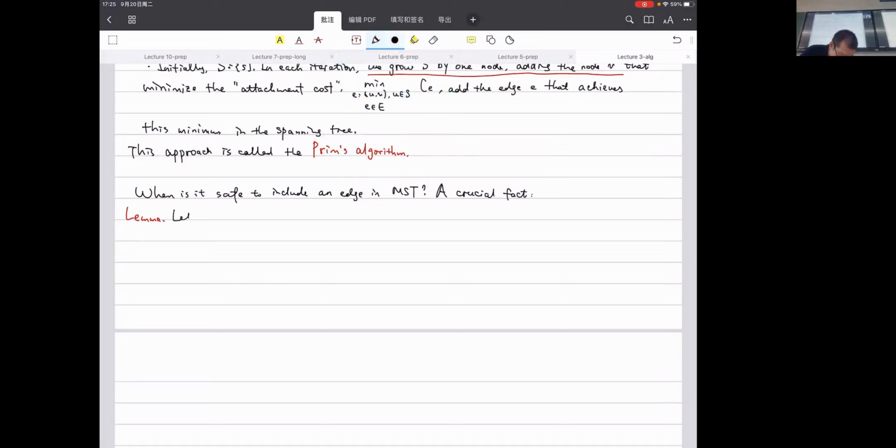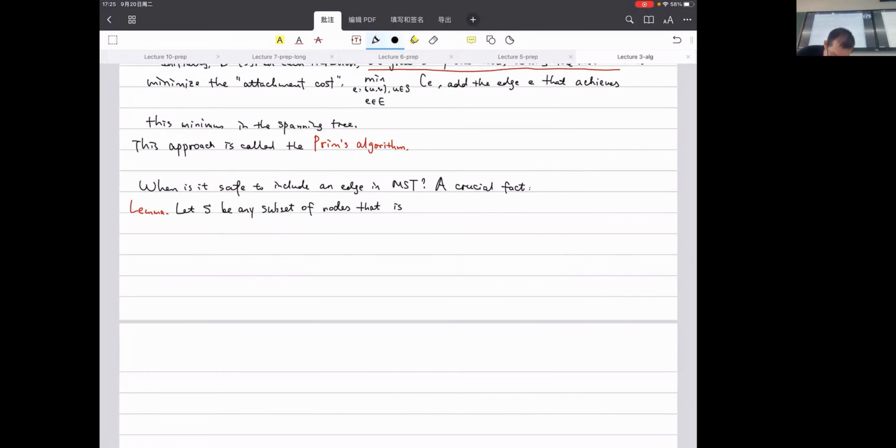Let S be any subset of nodes. That is, we don't want to consider uninteresting cases, so we assume that S is neither empty nor equal to V, the whole set.